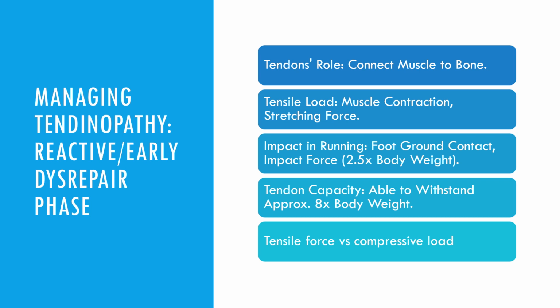But fortunately, tendons are thought to be able to withstand up to approximately 8 times our body weight. Runners or anyone playing sport can reduce tensile loads simply by decreasing how far or how fast we run, or taking a rest from running if required, or playing sport.